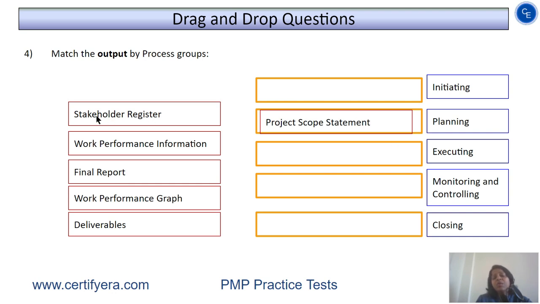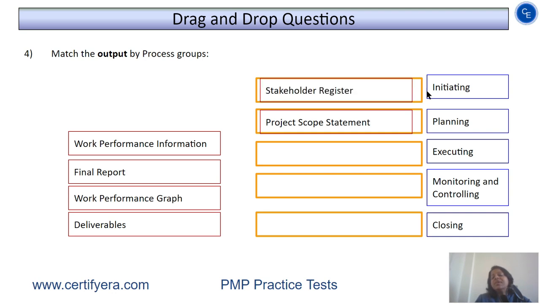The next output is stakeholder register. Stakeholder register is an artifact that we create for the first time when we initiate the project, when we try to identify the stakeholders for the project. So this document is created for the first time in the initiation of the project, so it falls under the initiating process group.